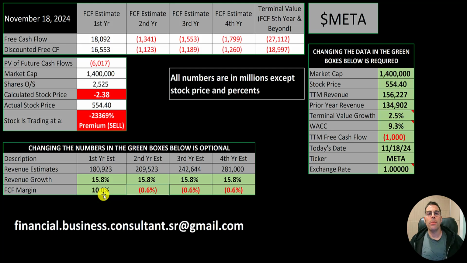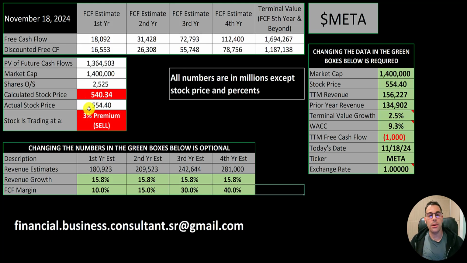Then their free cash flow margin will go up to 15%, then 30%, then 40%. And now the stock is really close to where they're trading at. This new DCF model gives you a little more opportunity to play around with the numbers, because most companies don't grow at the same rate forever or decline at the same rate forever.